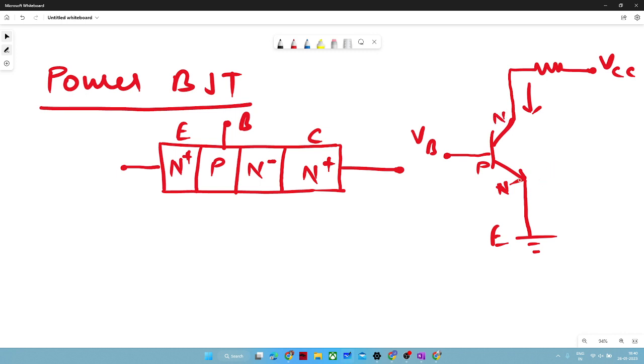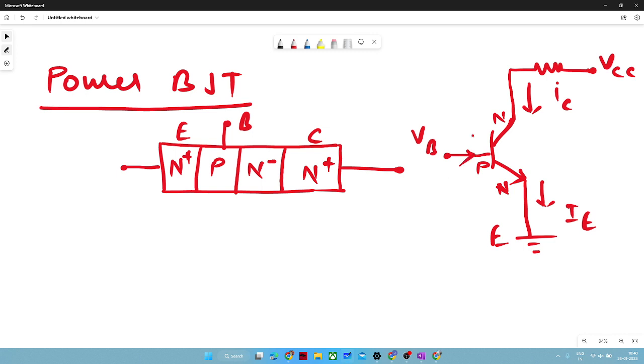So we know that BJT is made up of two PN junction diodes basically, and whatever current is coming from the collector will be enabled by this base signal, and hence this emitter current will comprise both the currents.